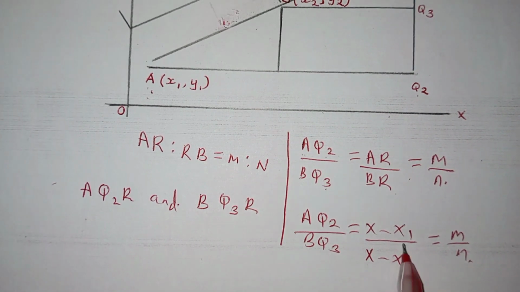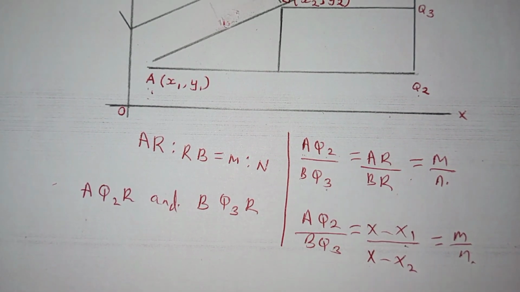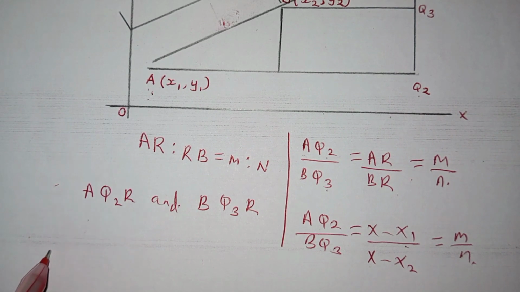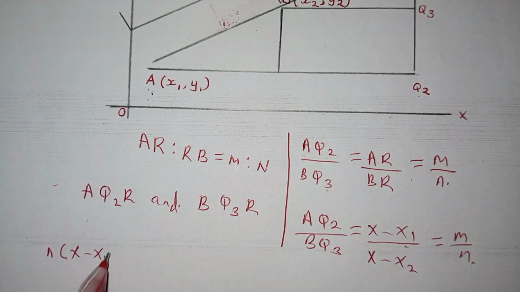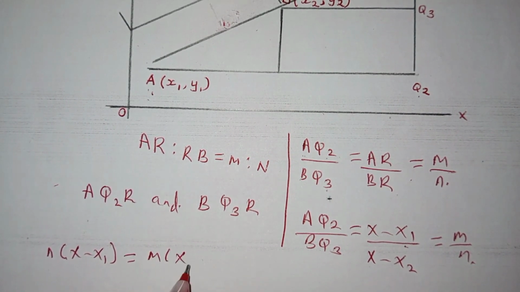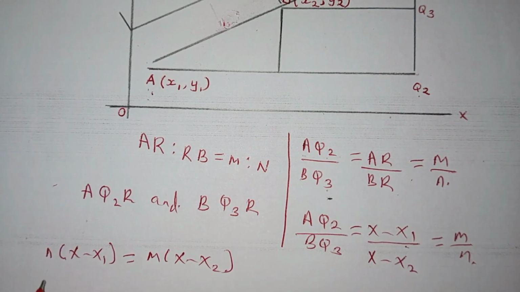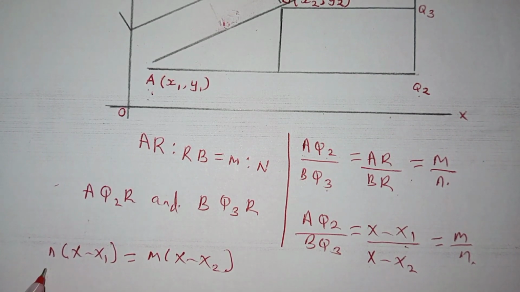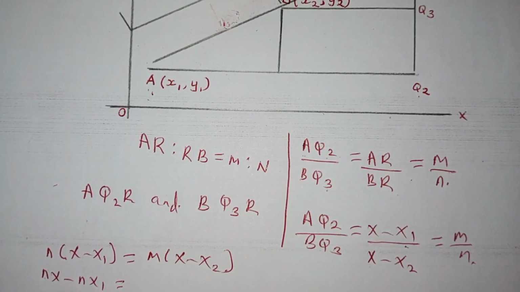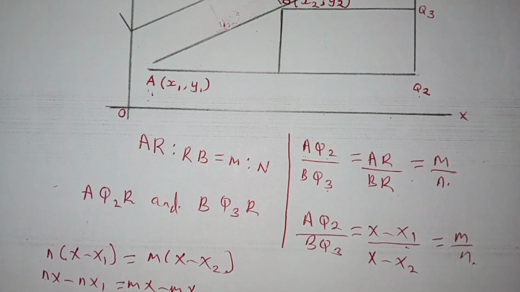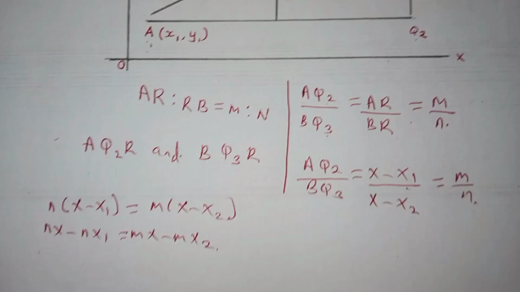From here, we can cross multiply so that we obtain n into bracket x minus x1 is equal to m into bracket x minus x2. We remove the bracket: nx minus nx1 is equal to mx minus mx2. Then we group the terms with the x.